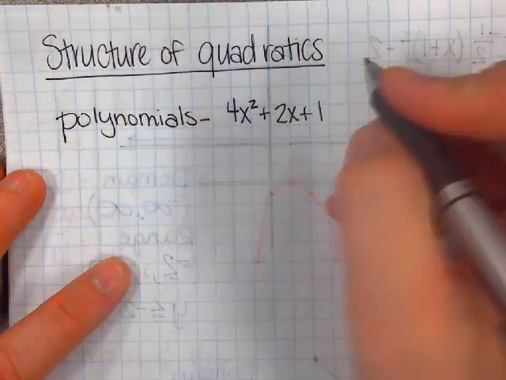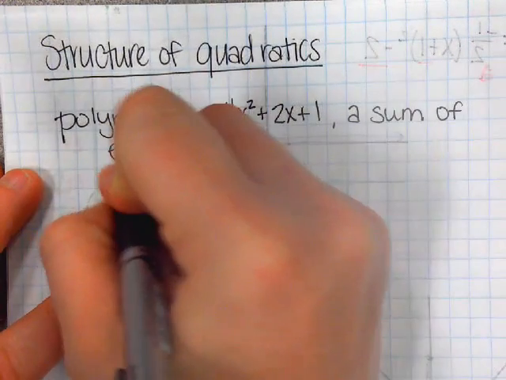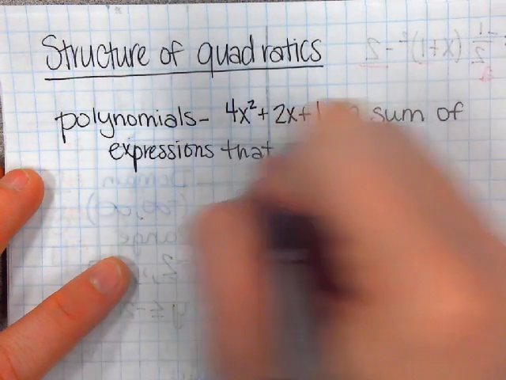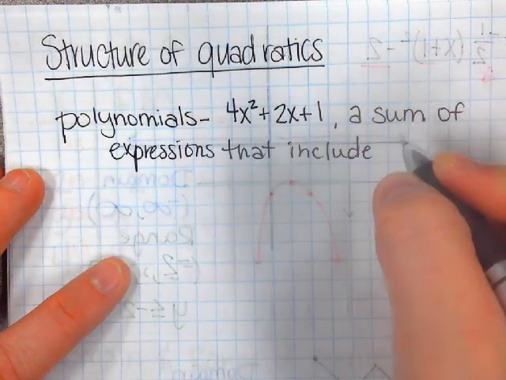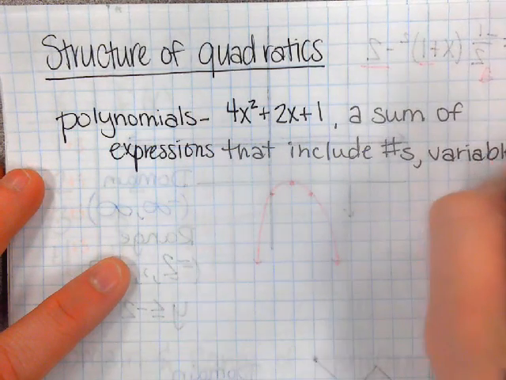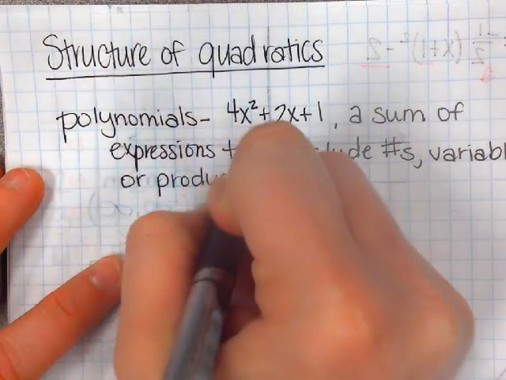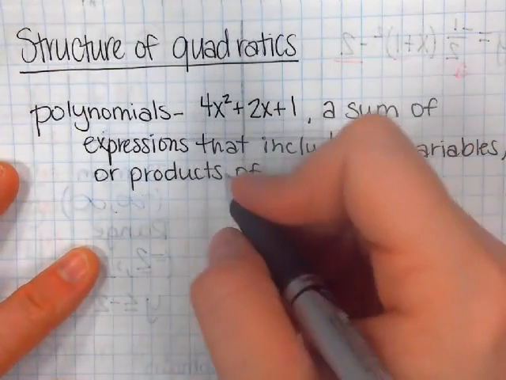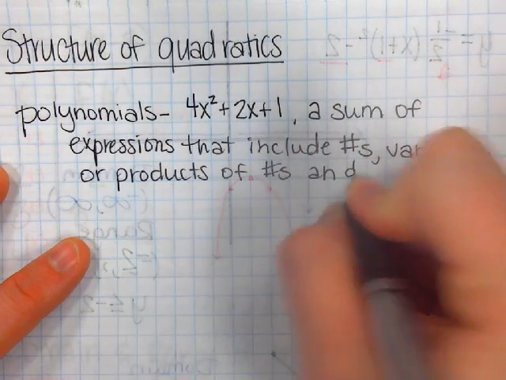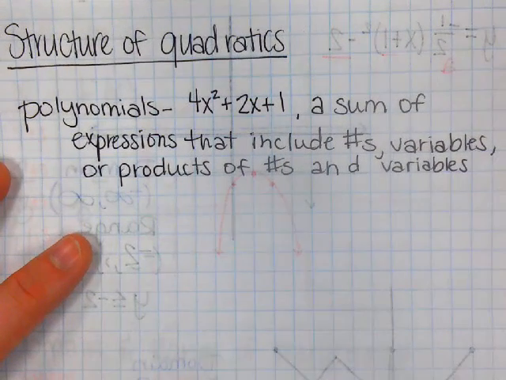So a polynomial is a sum of expressions that include numbers, variables, or products of numbers and variables. Okay.